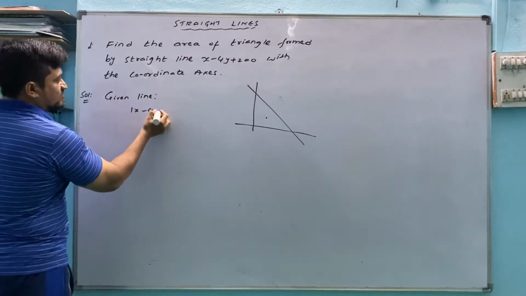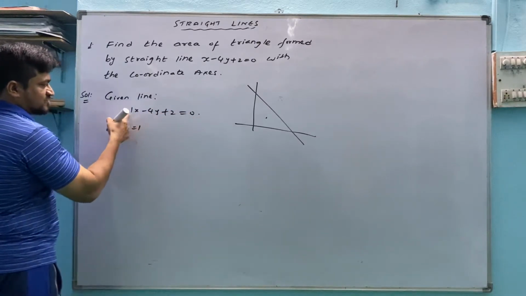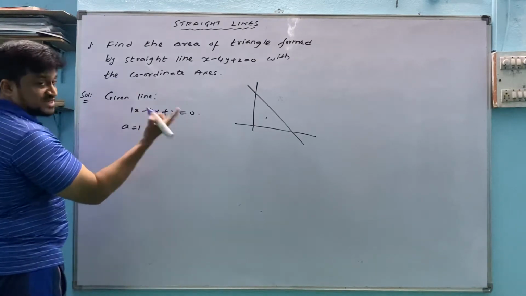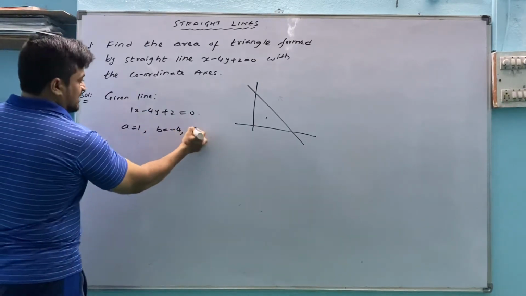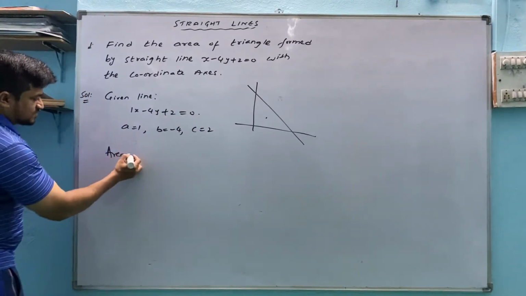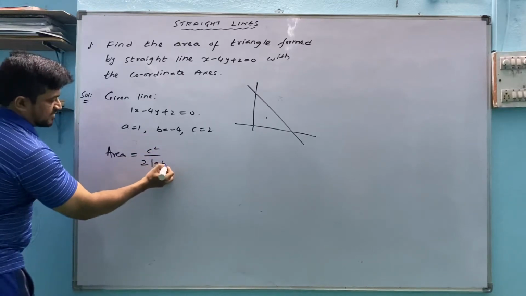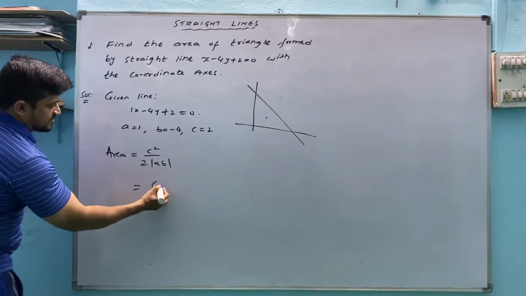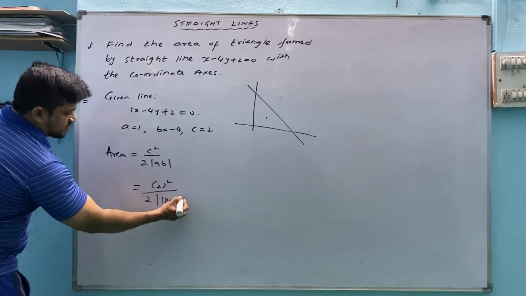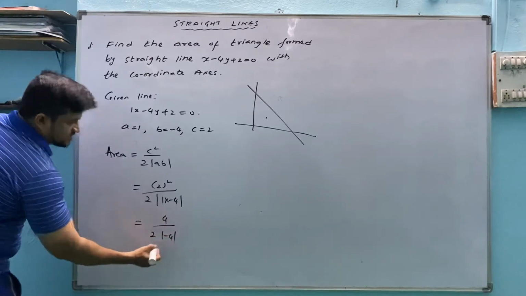x minus 4y plus 2 equals 0, from which a is the coefficient of x, b is the coefficient of y along with sign, and c is the constant. Area equals c square by 2 mod ab. c square is 2 square by 2 into 1 into minus 4. 2 square is 4, by 2 into minus 4.